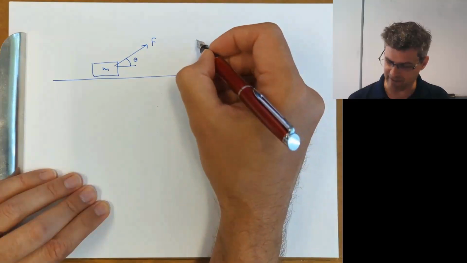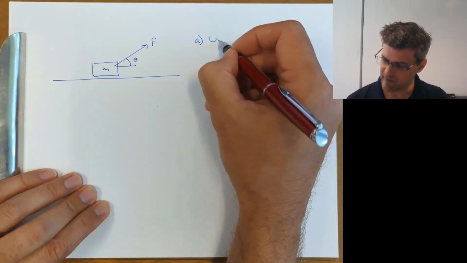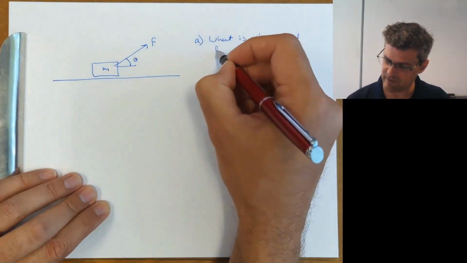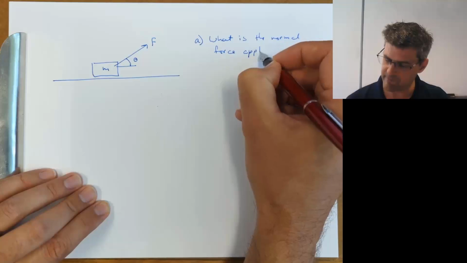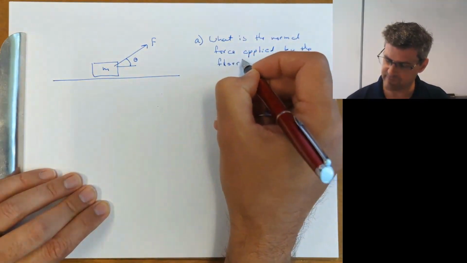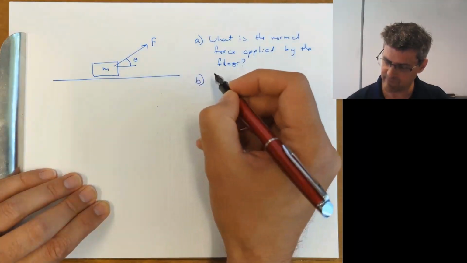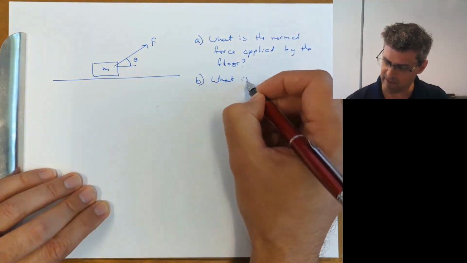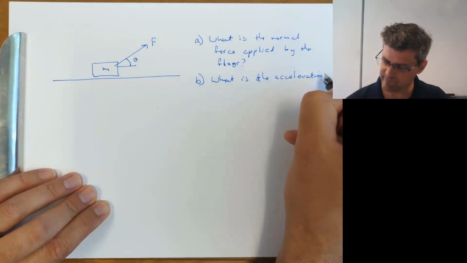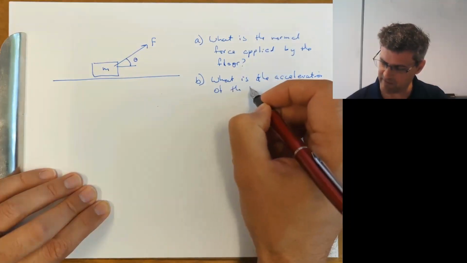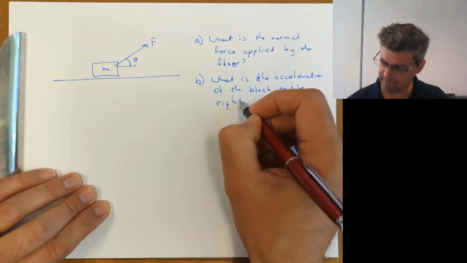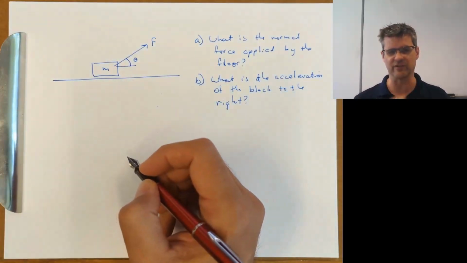And I would like to find what is the normal force applied by the floor, and what is the acceleration of the block to the right. Those are the two things that we are going to look for.